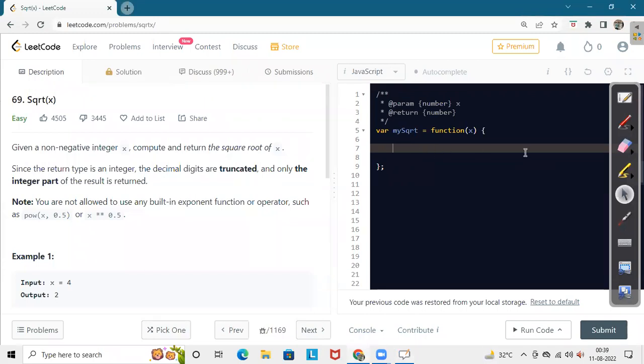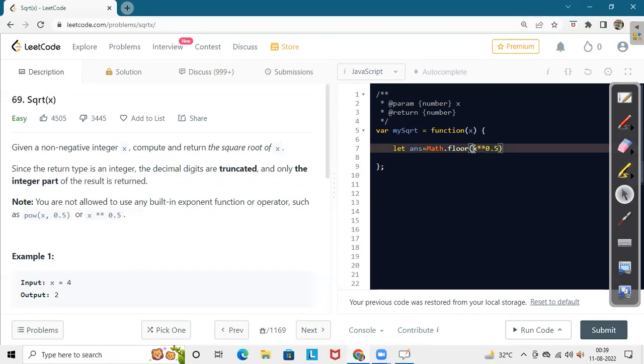I am going to declare a variable, answer, and I am using Math.floor to ignore the decimal part, and pass x star star 0.5. As we know, this double star is used for the power notation.